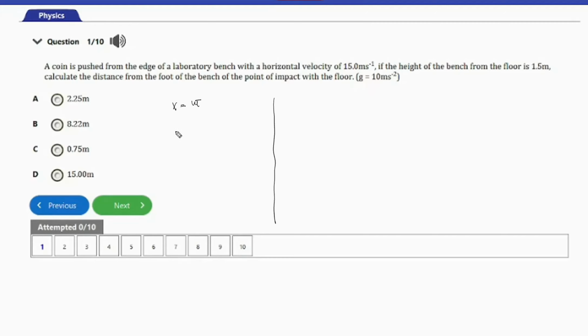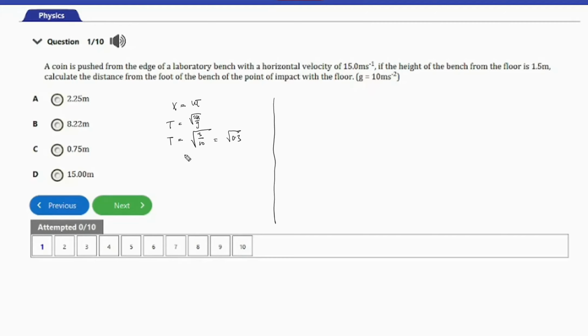So the time here will be given as root 2h over g. The height of the bench, that's the maximum height here, is 1.5 meters, and 1.5 times 2 is 3. So 3 over 10 is actually 0.3. So in that case, t is equal to root 0.3.